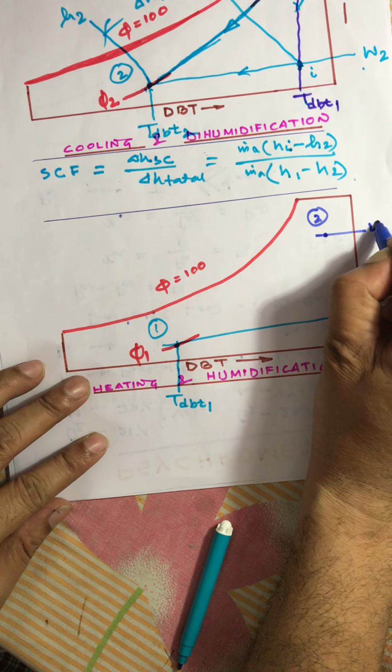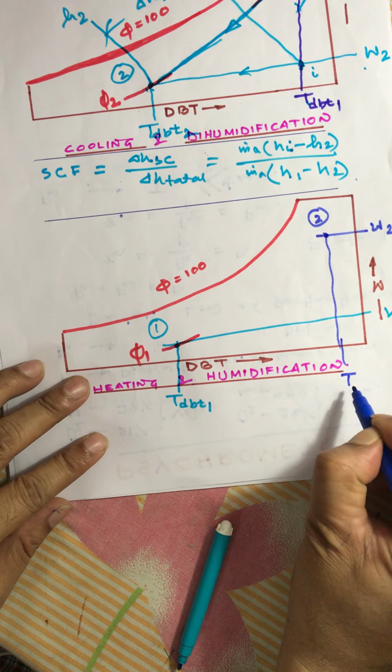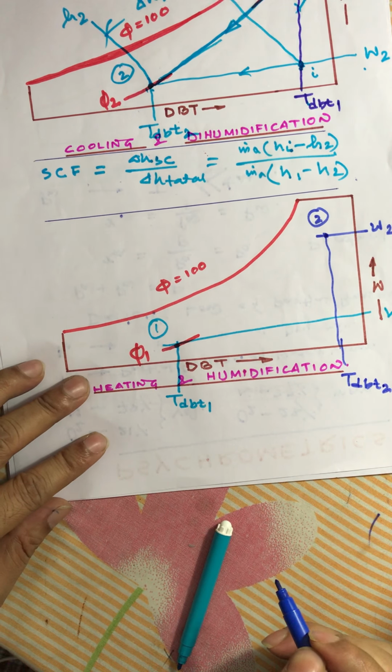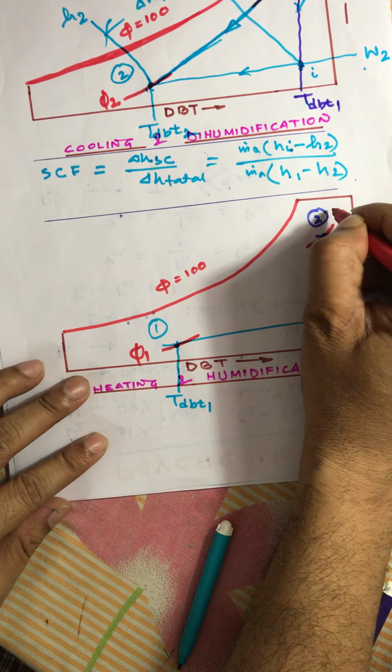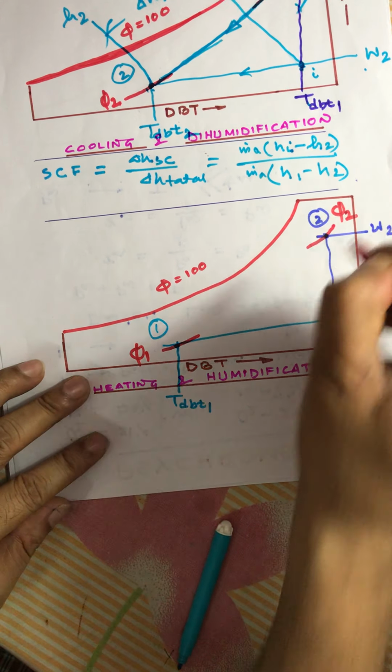So, here W2, here dry bulb temperature T2, and here phi 2.